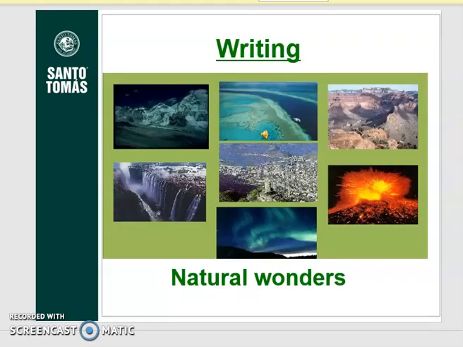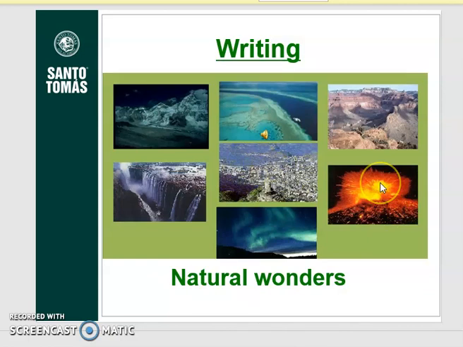All right, now when we talk about writing, remember that the main topic of the unit has to do with natural wonders. So in a rush, I would like you to try to think about these pictures and maybe briefly describe them, so you can have a mental picture and a basic selection of vocabulary to talk about them. I'm gonna give you an example.